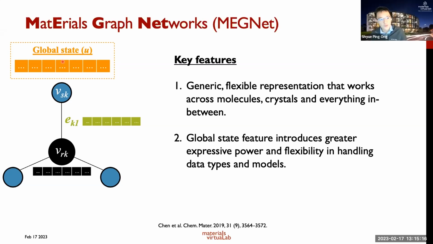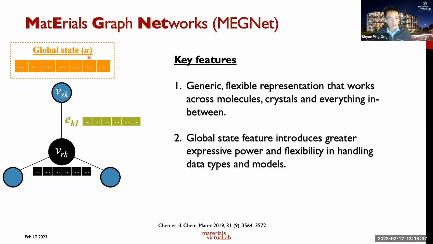You can use it to represent some overall property of the material, for example an external state like temperature, pressure or entropy, or some abstract state like what kind of calculation was performed on this material.